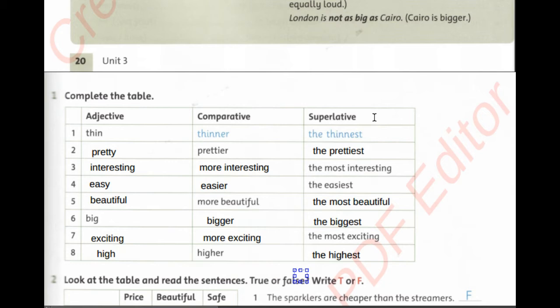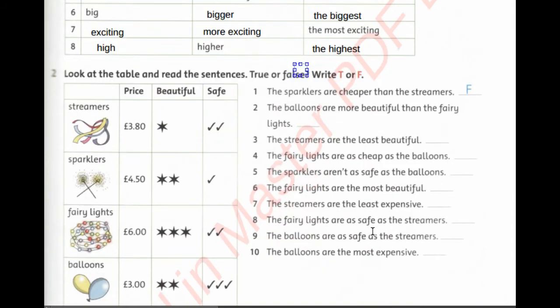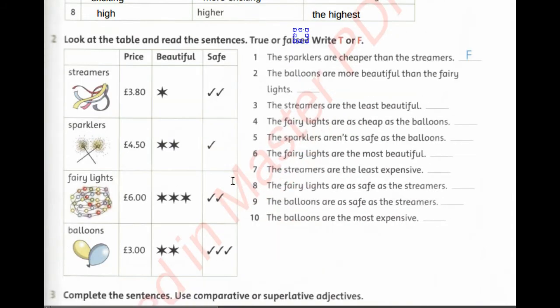The superlative: the thinnest, the prettiest, the most interesting, the easiest, the most beautiful, the biggest, the most exciting, the highest. So here downstairs we have an exercise we have to do now together.